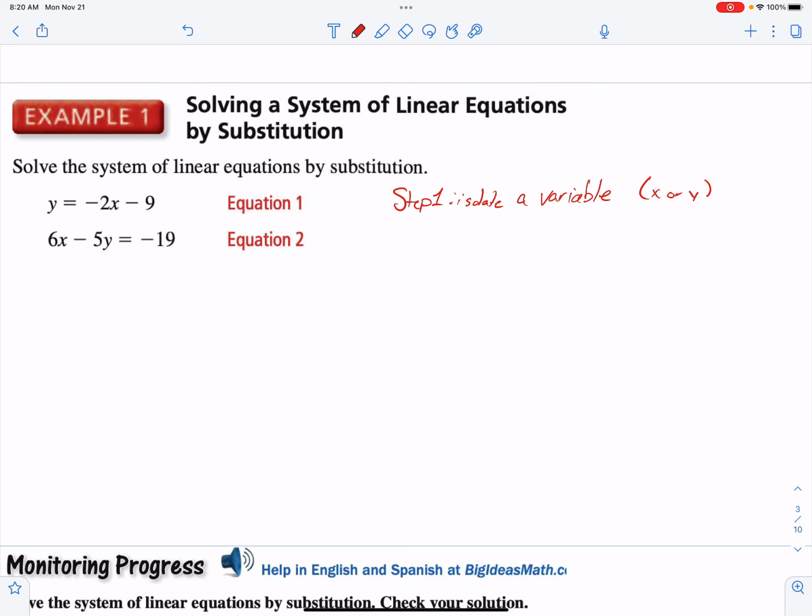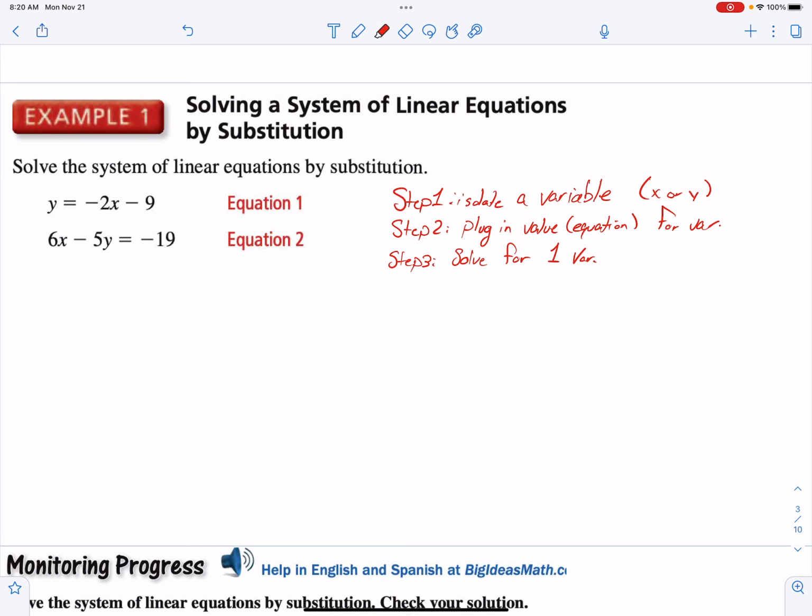The next step will be to plug in value, and it will be an equation for the variable. And then last, step 3, we're going to solve for one variable. Once we solve for one, we will plug in and solve for the other. But that should be pretty self-explanatory once we get there.